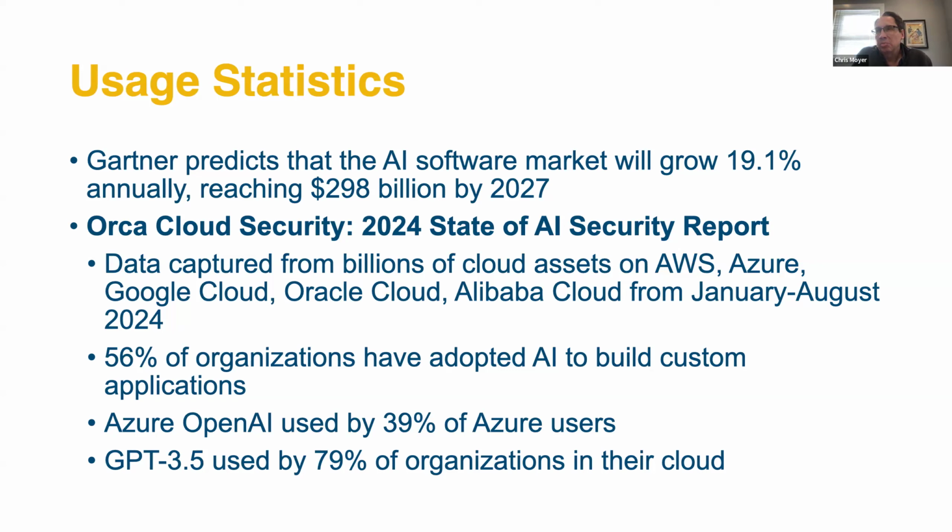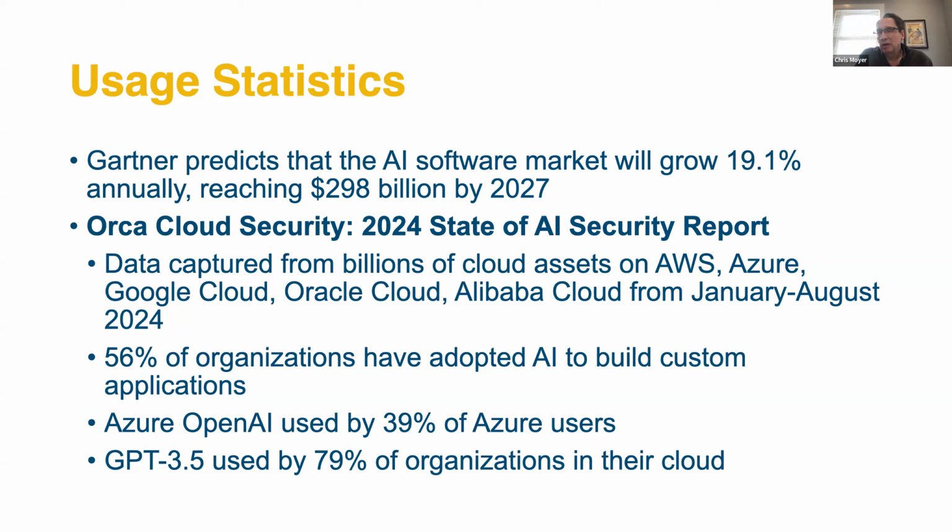They keep an eye on the clouds of tons of customers with billions of cloud assets. Their clients are on AWS, on Azure, on Google Cloud, Oracle Cloud, Alibaba Cloud. And they looked at this from January through August of this year.